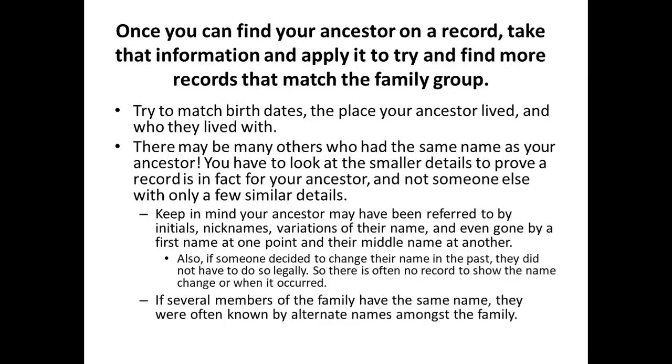You have to look at the small details to prove that that is in fact your ancestor and not someone else with similar details. That's why the census record is typically the first place most people look, because it gives a great deal of information on many people right there together. So you get a snapshot of an entire family group at once instead of just a few details on one single person, typically.